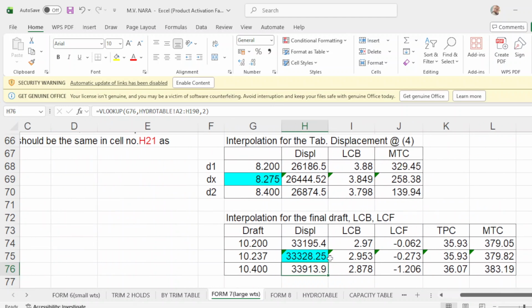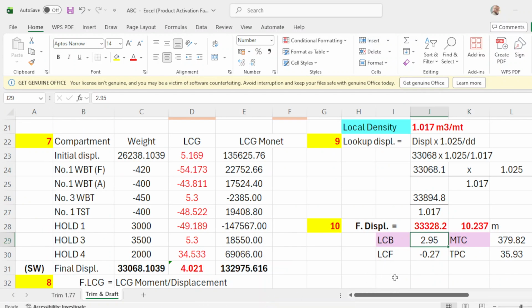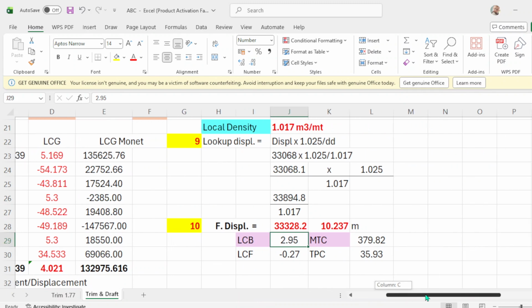So this is the drop. What is your LCB? LCB is 295.